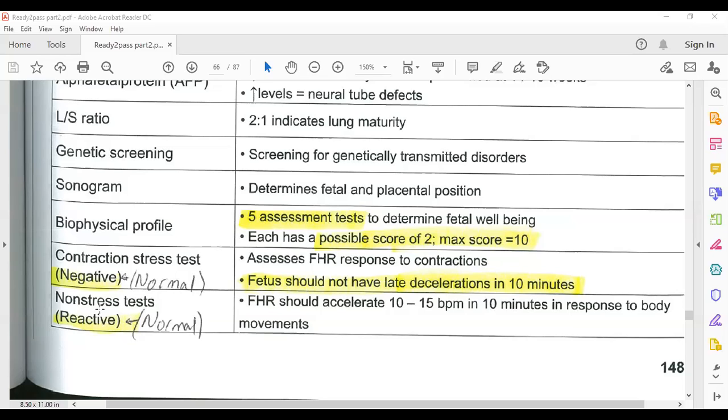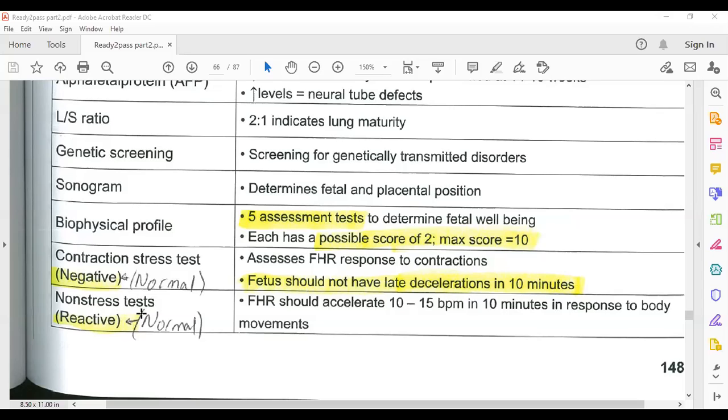If the non-stress test is reactive, it indicates normal findings.